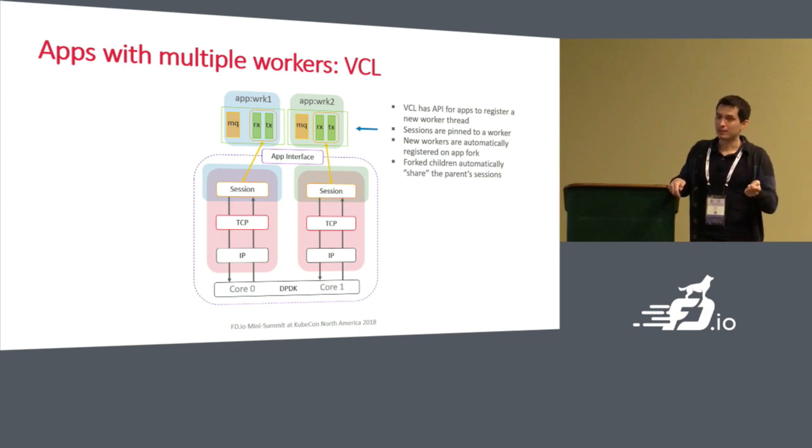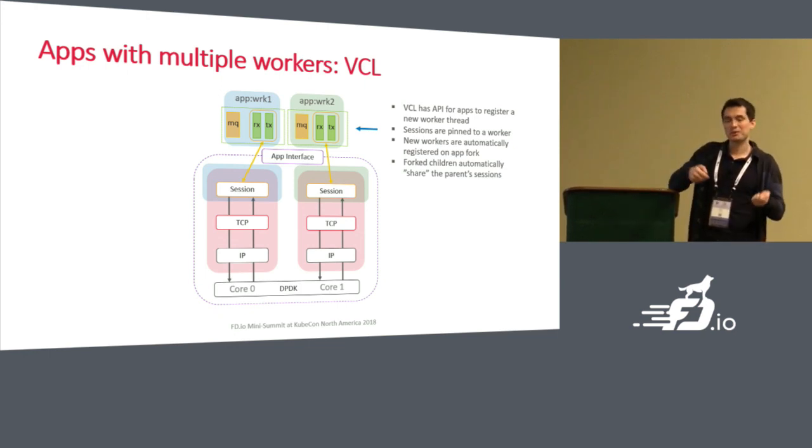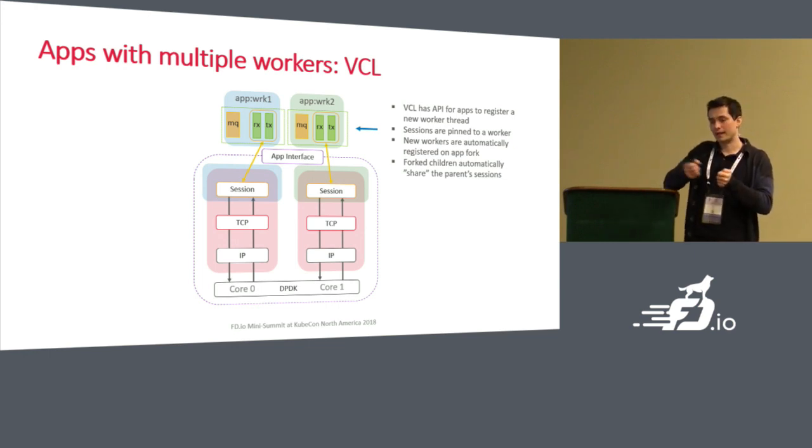For forking applications, things are a bit different. We do forking implicitly. So when an application forks, we automatically register a worker with VPP because we intercept the fork. And because of the assumptions people have normally about forking, when an application forks a child, we share all of the parent sessions with the child implicitly as well.